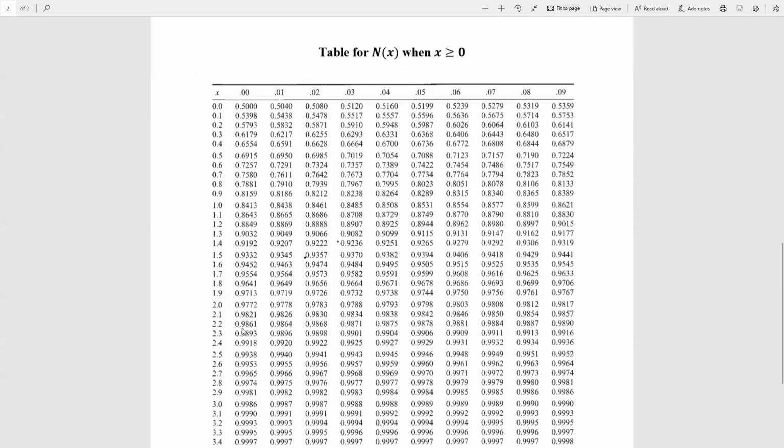Now, suppose you have drawn a number which is 0.9772, then you know that you are 2 standard deviations away from the mean. So then you will get the number of 2 standard deviations. If you draw a number that is 0.5398, that is 0.1 standard deviation.